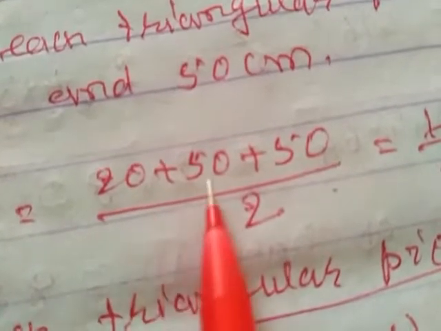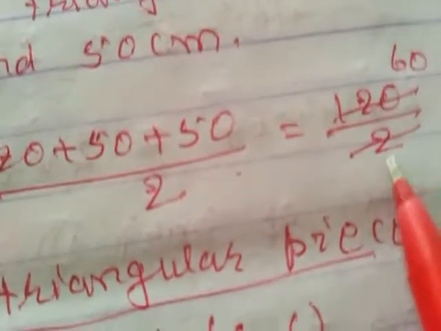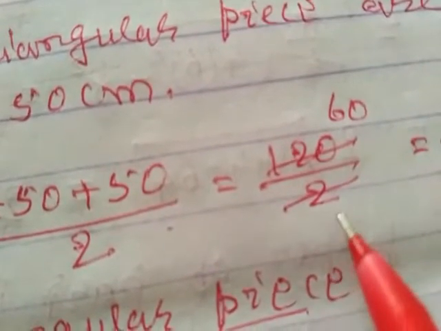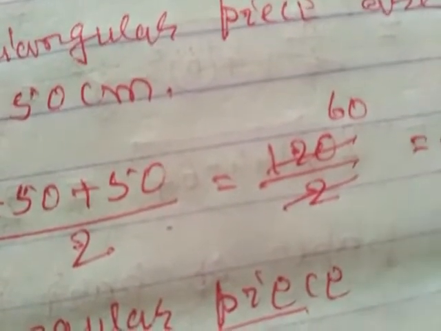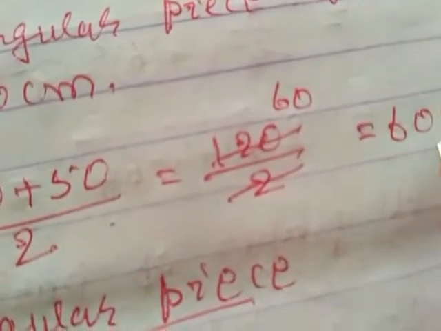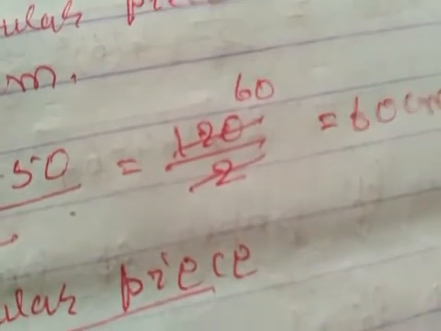So, we have (20 plus 50 plus 50) by 2. Further on solving it, we got 120 by 2, which will go 60 times. So, the value of S equals 60 centimeter.